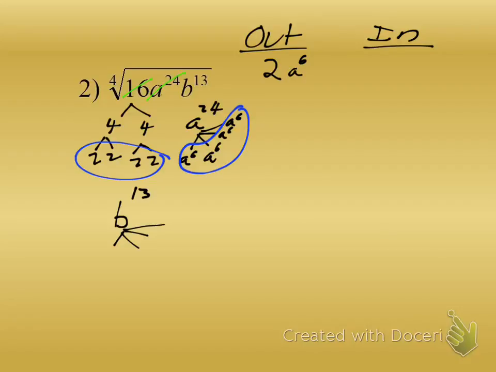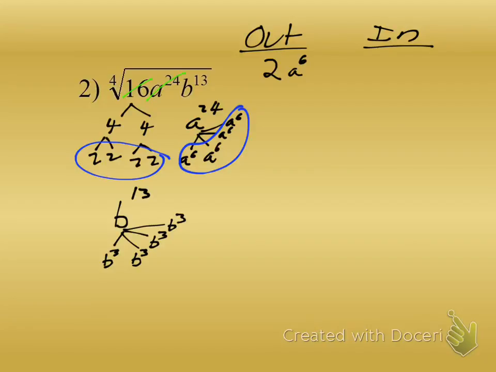Okay? So what I'm going to do is divide 13 by 4, which gives me what? What's 13 divided by 4? 3 something, right? So I know from that I can have b to the 3rd, b to the 3rd, b to the 3rd, b to the 3rd.